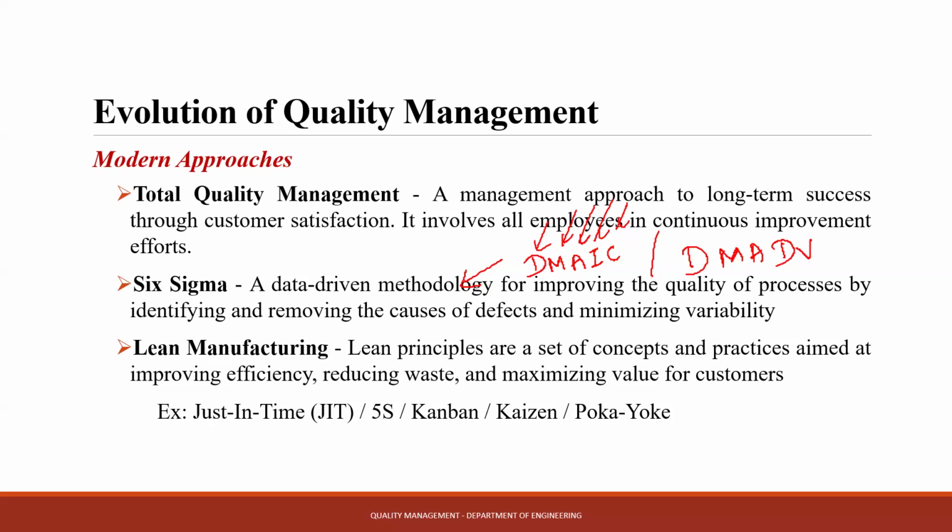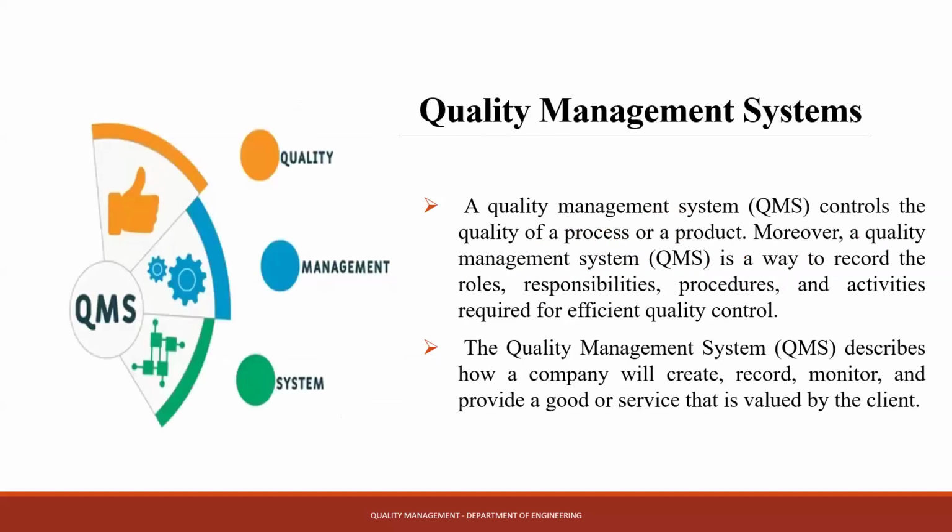And the Kanban and Kaizen systems, and Poka-yoke itself, work as error proofing and mistake proofing systems, and some visual systems to identify and fix the errors. We will discuss them in detail later. Then we have the quality management systems.